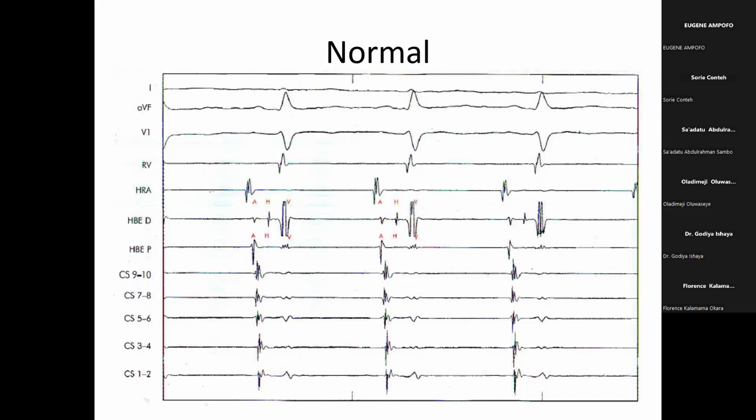Yes, sir. Yes. No, I said it's clear. Yeah, so that anytime you are looking at an EP study, it will not be bizarre. All it takes is to understand the waves and you'll be able to decipher what is happening. You get?